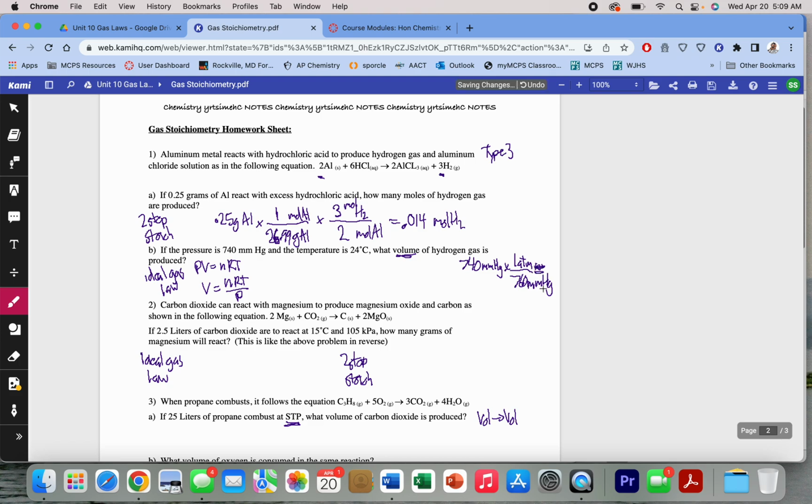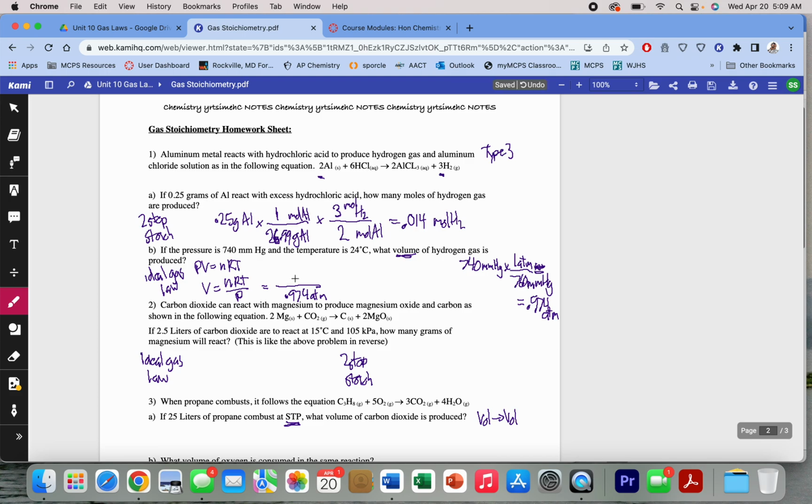So 740 divided by 760 gives me 0.974 atmospheres. So this is going to be in my denominator. Okay, so 0.974 atmospheres.